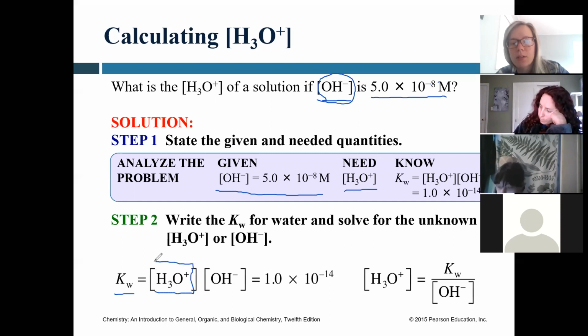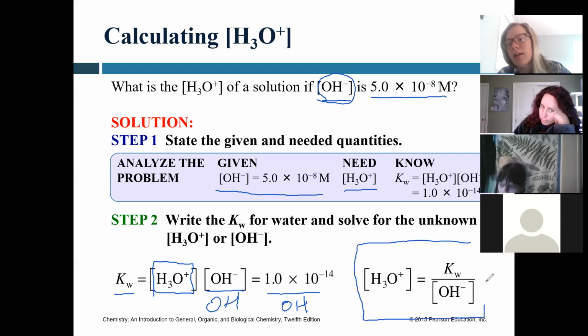I want this thing solo. So I need to divide by OH and divide by OH. So this will be the final isolated equation set up for you. So H3O plus, what we're looking for, is going to equal our Kw constant, 1.0 times 10 to the negative 14th, divided by the OH. What is the OH concentration? That was what was given to us.